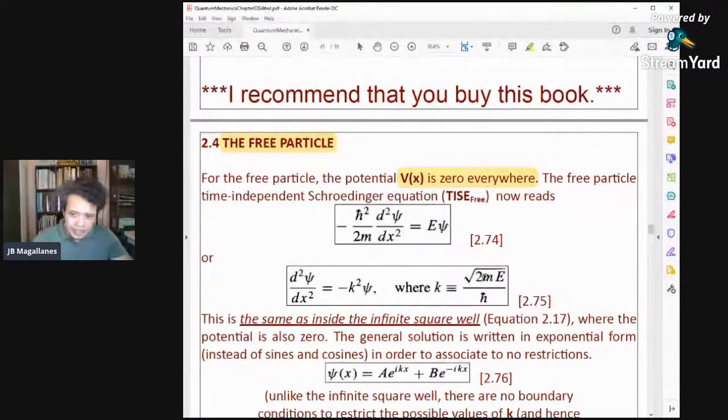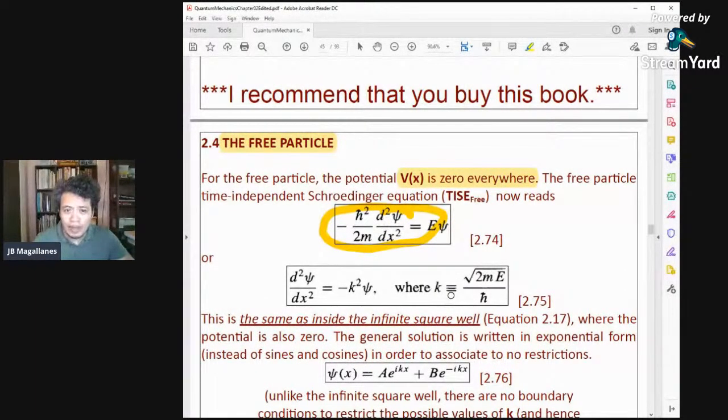So in this case, the free particle time independent Schrödinger equation will look like this. There's no potential, the second term is not there.